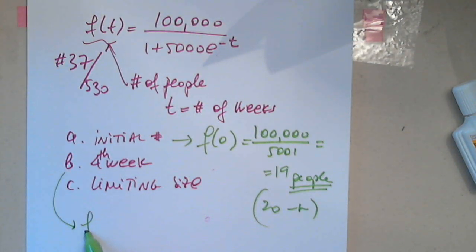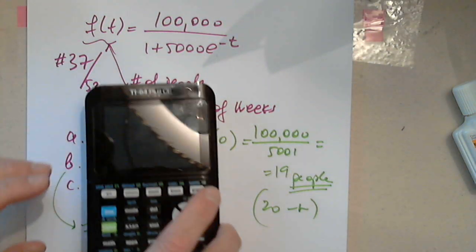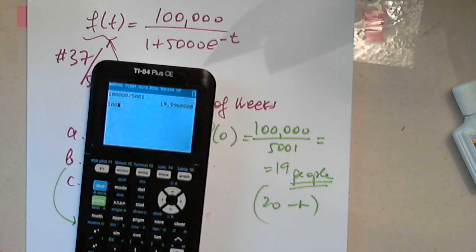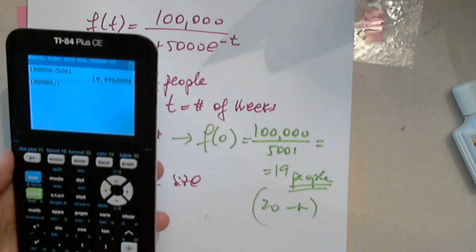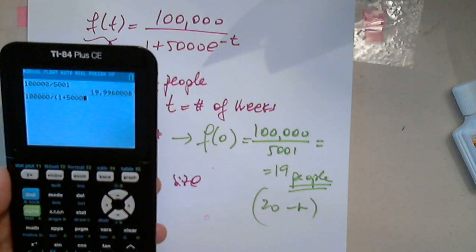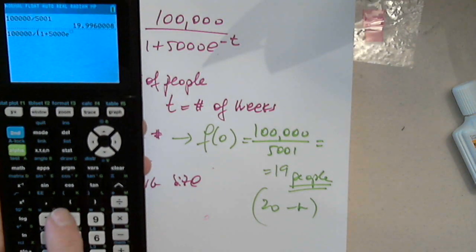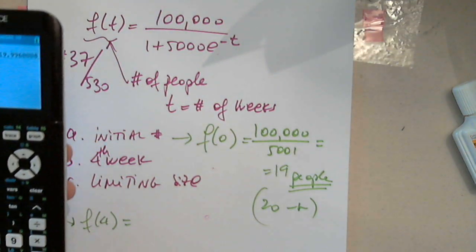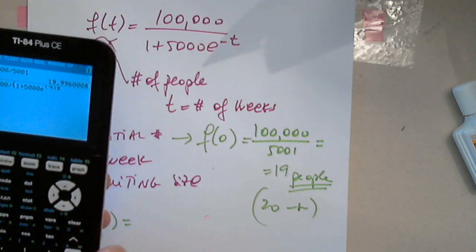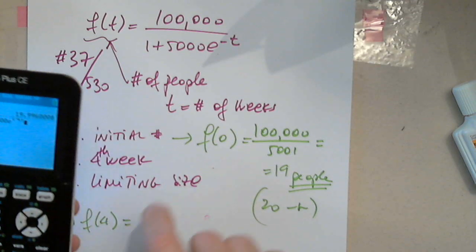So now for the 4th week, I'm asked to find this. So this is part B, f of 4. So I just plug in 4. So I have 100,000 divided by, in parentheses, careful, 1 plus 5,000 times e. Remember where e is, to a power, in parentheses, negative 4. Close the parenthesis for the power, and close the parenthesis.